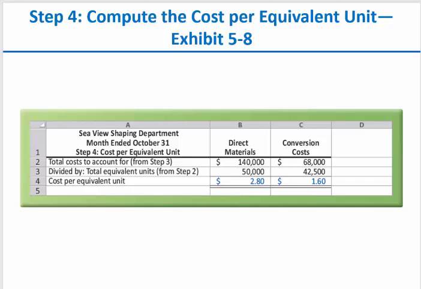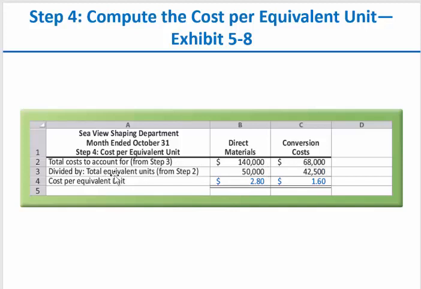So finally, what you can do is step 4, compute the cost per equivalent unit. So now we want to come to the unit cost, which is extremely important. And once again, we're going to follow the same idea. We're going to separate the direct materials from conversion cost. So in this case, for the total cost to account for, you have this number, and for the conversion cost, you have another number.